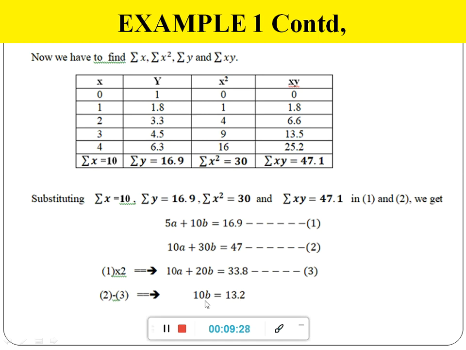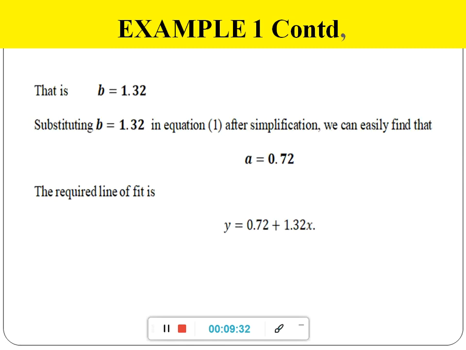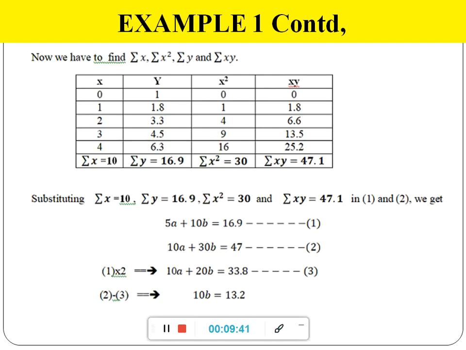So the value of b here is 1.32. Now substitute b equal to 1.32 in equation 1. Equation 1 is 5a plus 10b equal to 16.9. Put b equal to 1.32.